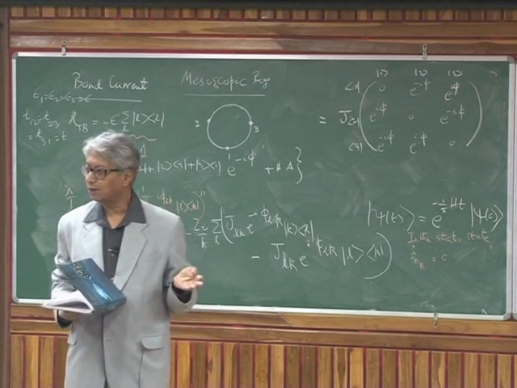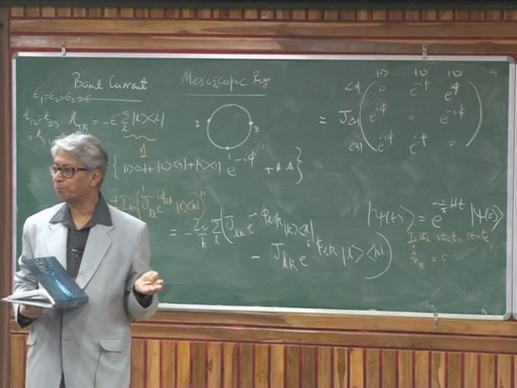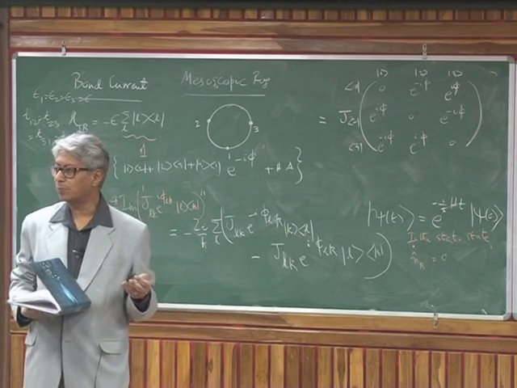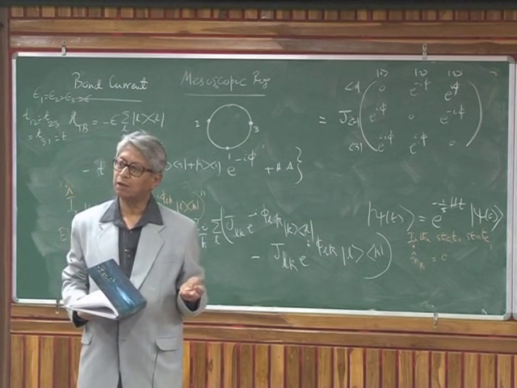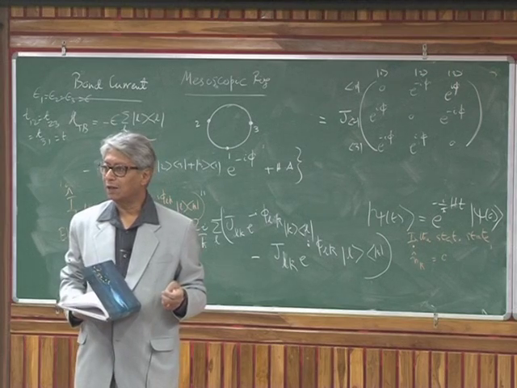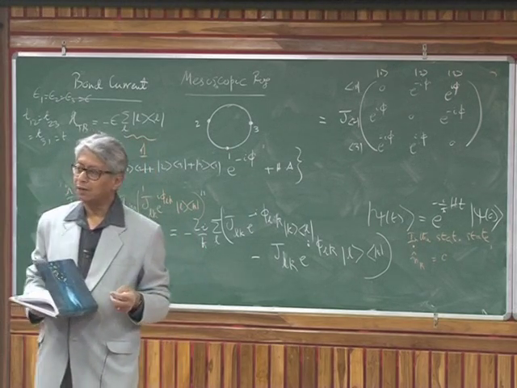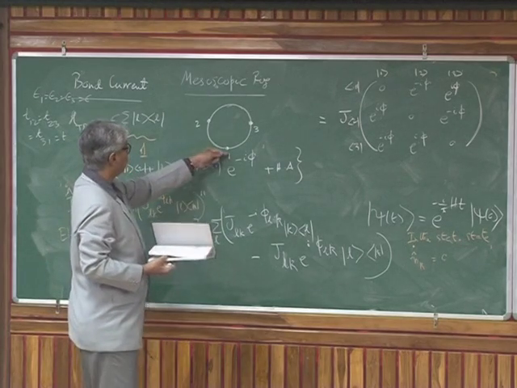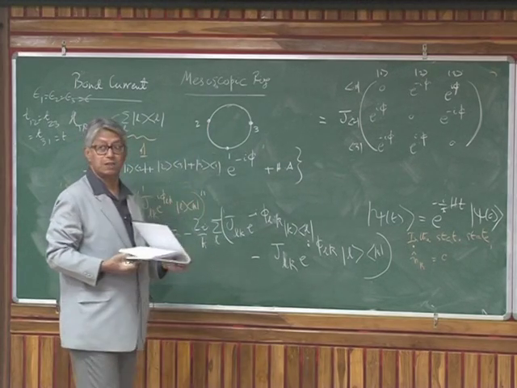You can calculate the energy eigenvalues. You'll find three different eigenvalues for a 3 by 3 matrix. You can also calculate the eigenfunctions. This I leave as an exercise. And having done that, you calculate the bond current between, let's say, sites 1 and 2. What did we say?